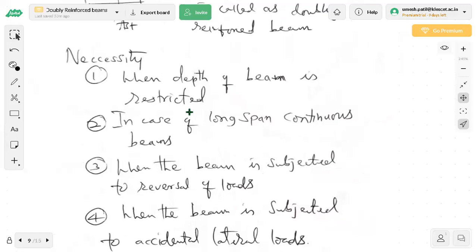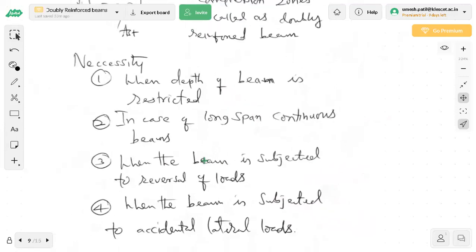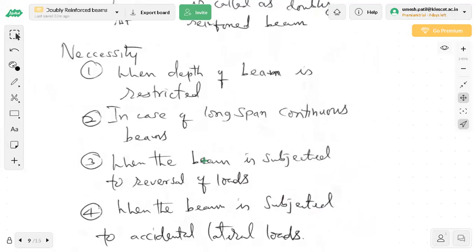To increase the moment of resistance, there are 2 possibilities: increase the depth or increase the reinforcement. Or the third option is to provide steel in the compression zone also. So there are many options to increase the moment of resistance.